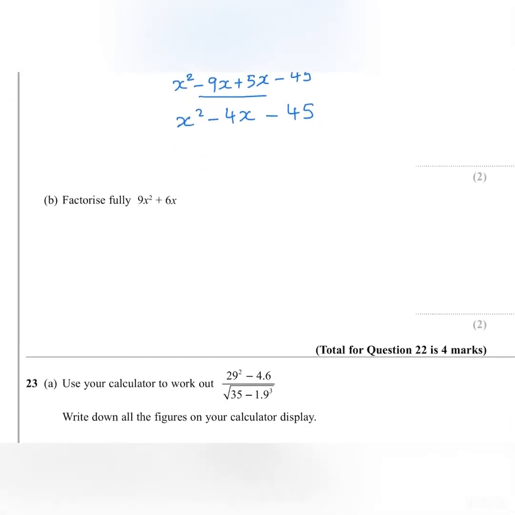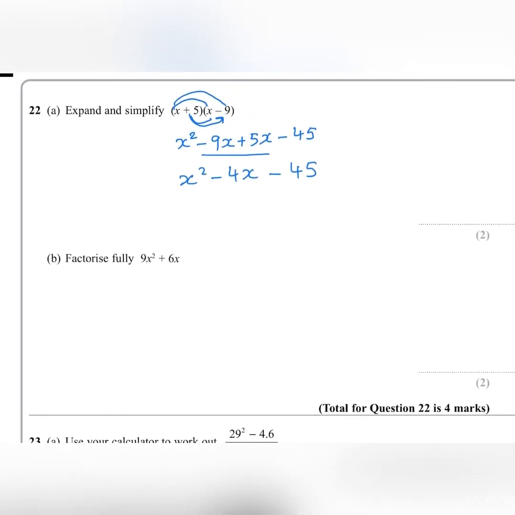And then 22, it says factorize 9x squared plus 6x. Now we look for the common factors. The number common factor, the highest one, would be 3. But then also we got x squared and we got x over here. So we need x on the outside as well. And then put terms in the brackets. So when you multiply by 3x, you get 9x squared.